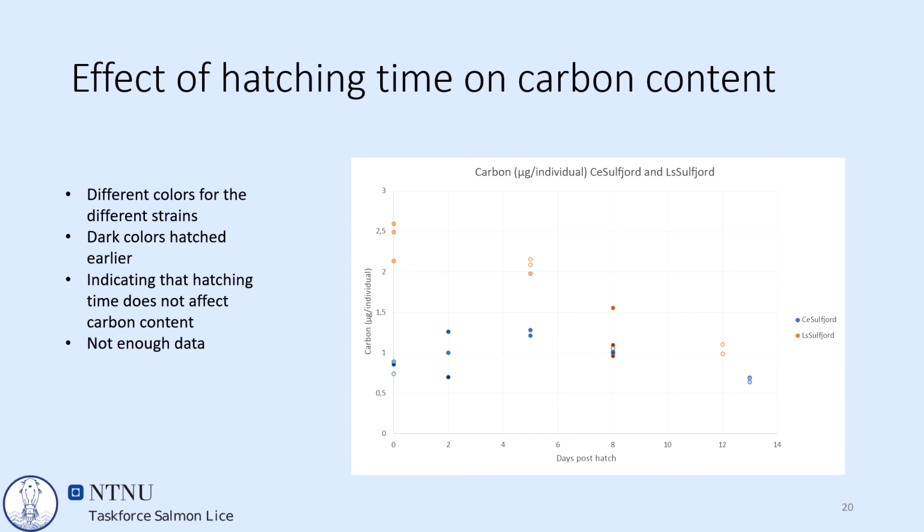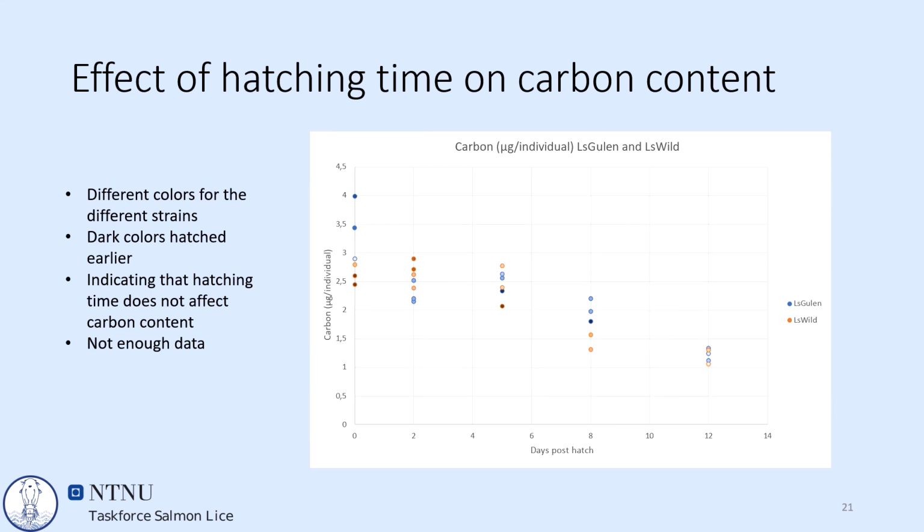So as you can see, sometimes the ones that hatched late had a higher content than the ones that hatched early. Other times, the ones that hatched on the same day had quite a big variation. And sometimes the ones that hatched early had a higher concentration than the ones that hatched late.